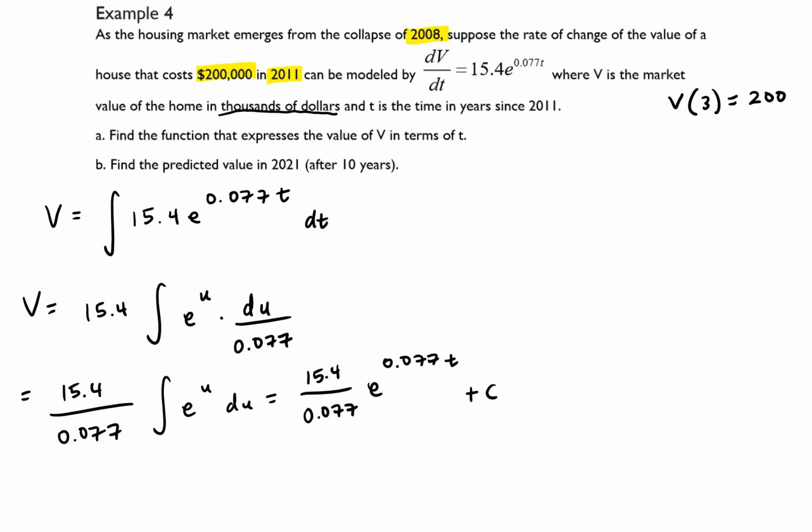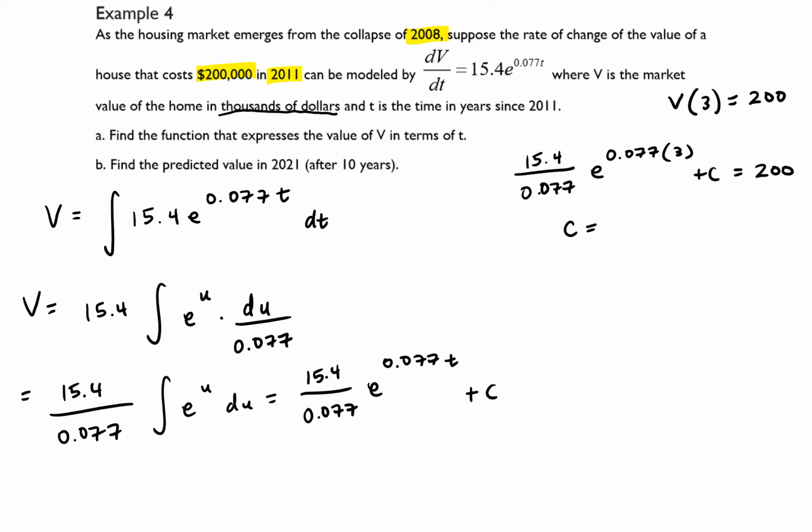Okay, so what we need to do is first plug in 3 into the function. And once we've plugged in 3, that whole thing is going to equal 200. And now this will allow us to solve for c. So I'm going to go ahead and throw that into my calculator.